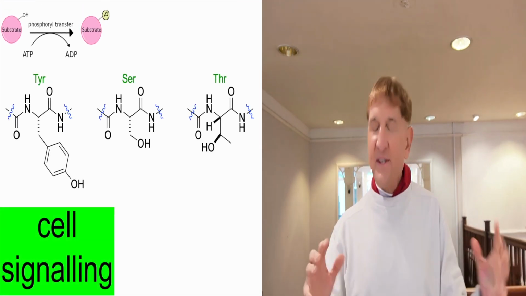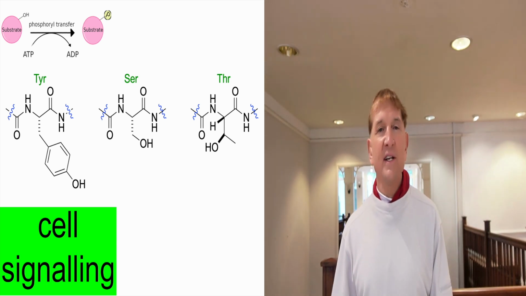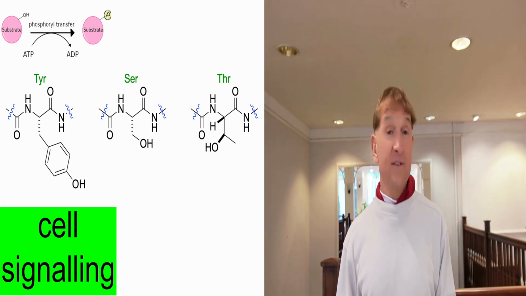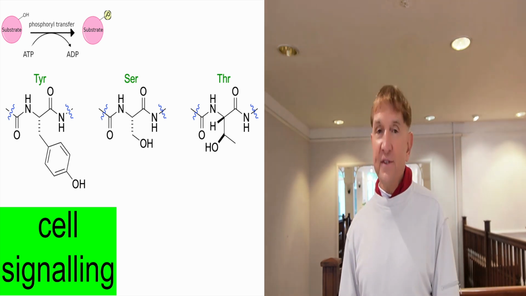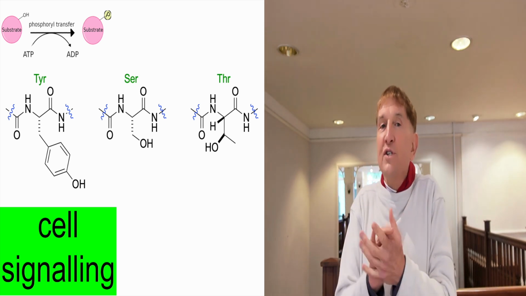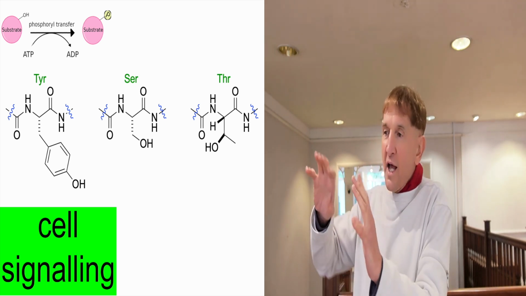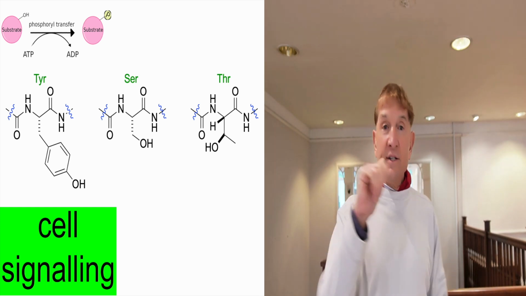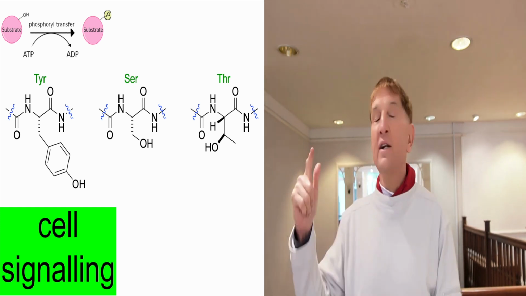Another off-scale important application of these types of anhydrides is in cell signaling. In cell signaling, a phosphorus is transferred from a nucleotide triphosphate to tyrosine, serine, or threonine.